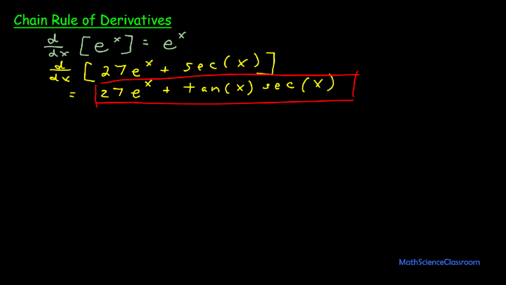And there we go. And let's try another one of those. So d dx of 13 e to the x power plus cosecant x.